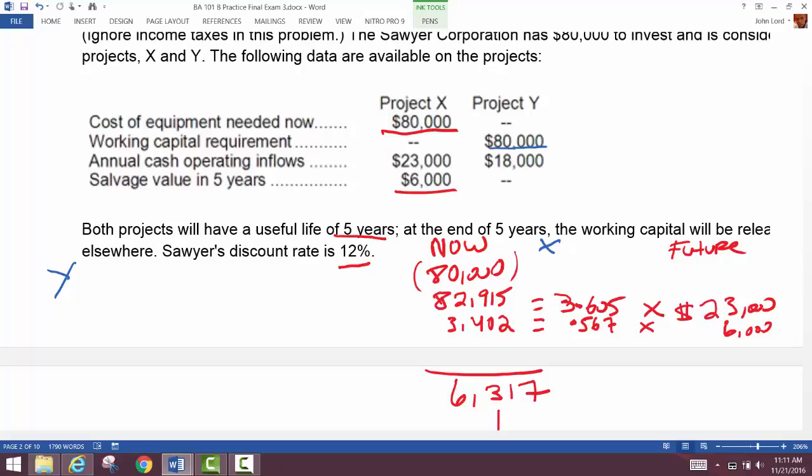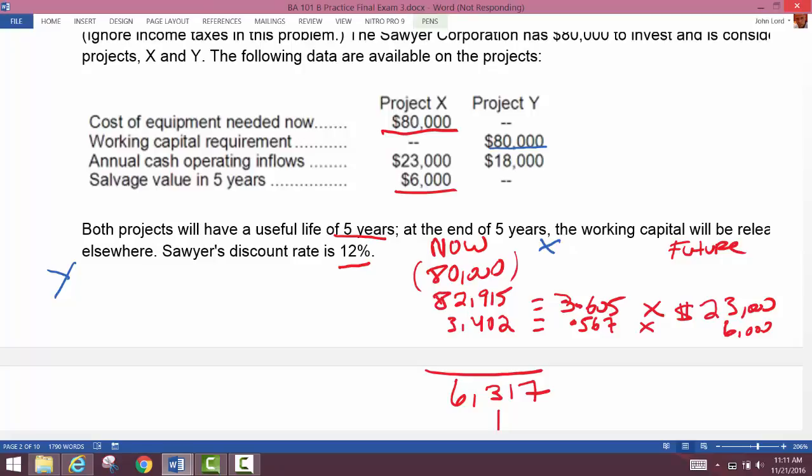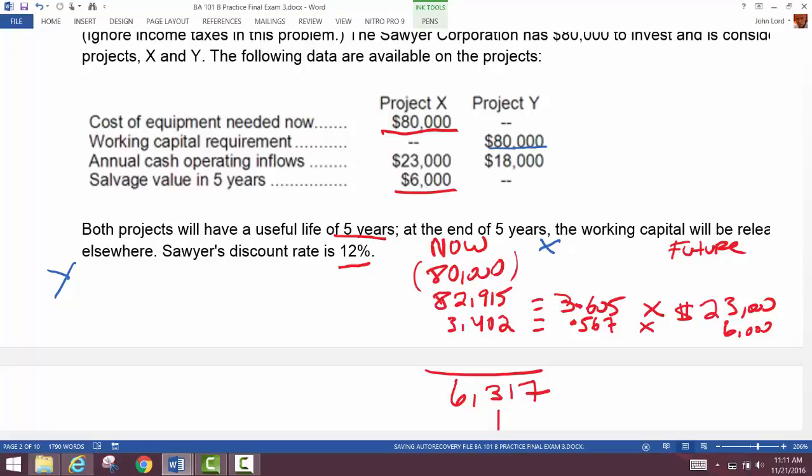So we're going to have an initial tie-up of working capital cash that we're going to have to give the guy right up front to hang on to his piece of equipment. This $80,000 goes out now. So when you see a working capital requirement, you assume that that's going to come out now, right?